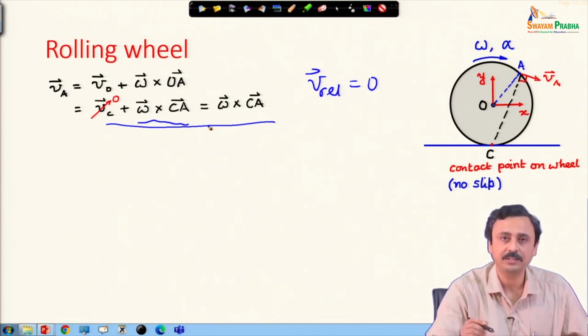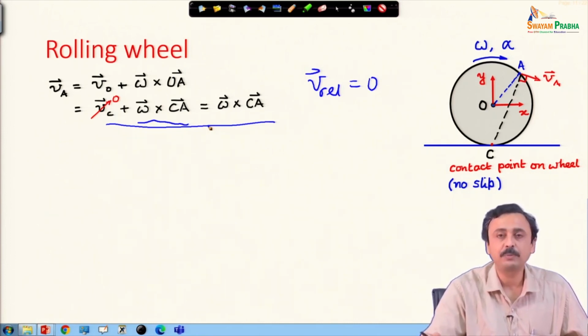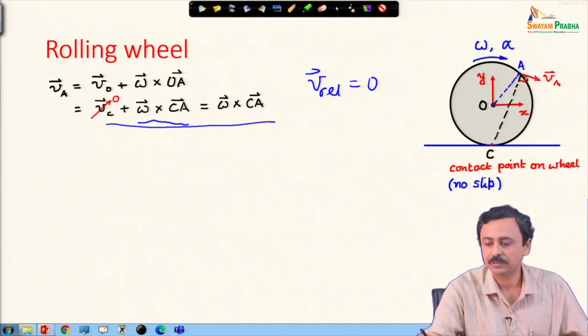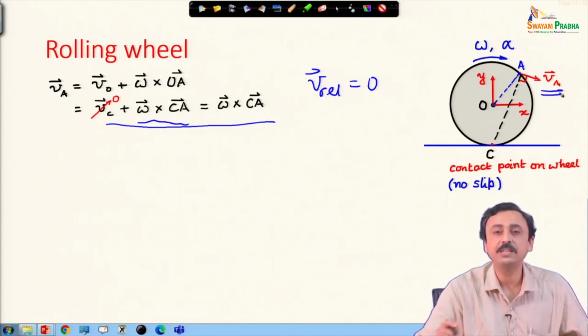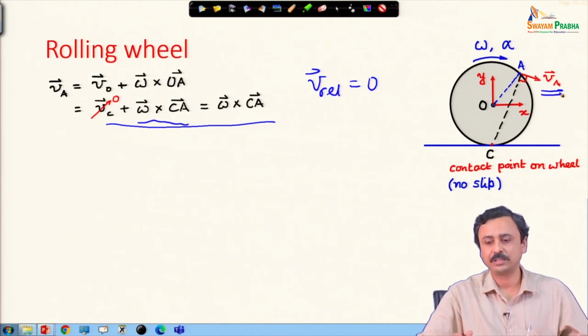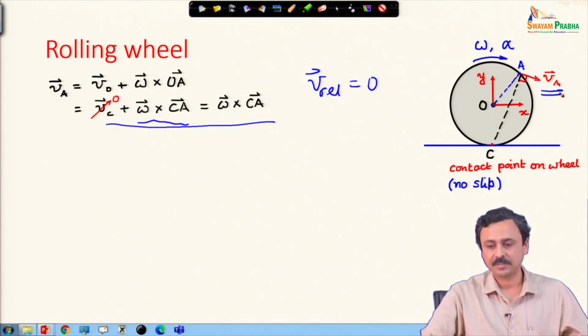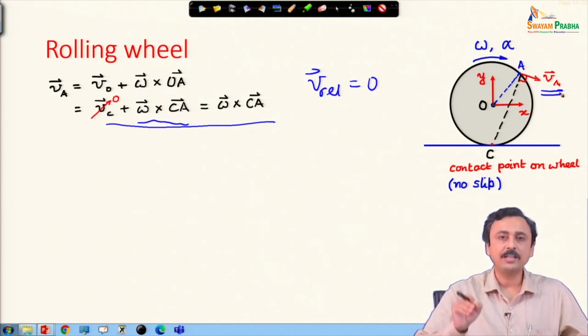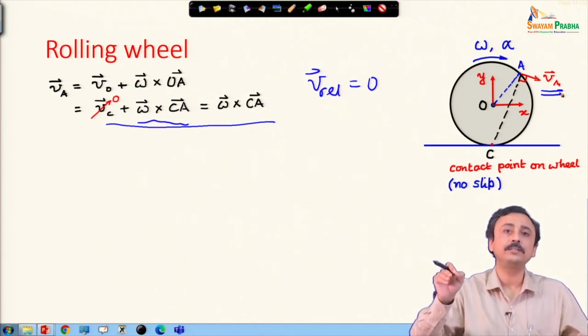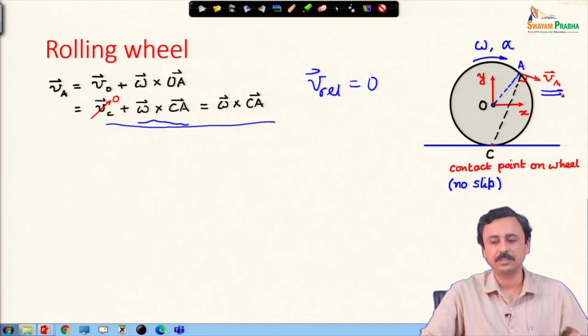Omega cross CA generates a vector perpendicular to both omega and CA. Therefore, the velocity of A can be very easily depicted in this figure if you use that contact point C. It is perpendicular to the line joining the contact point to the point whose velocity you want to represent.